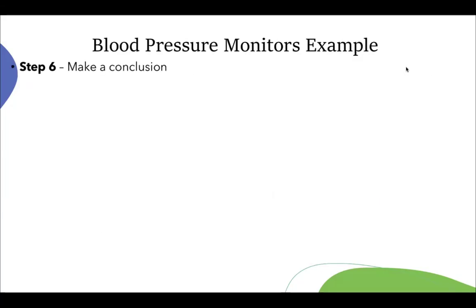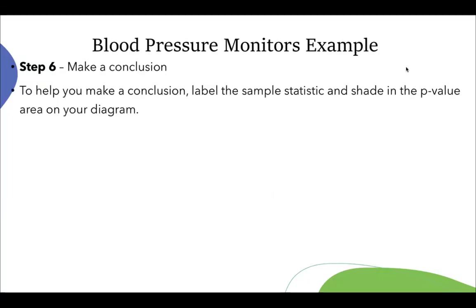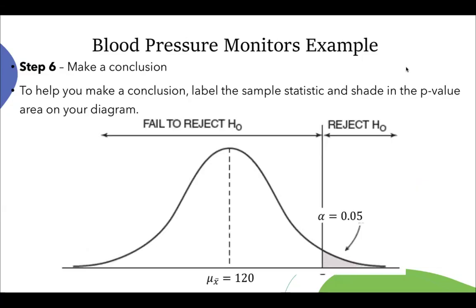Step 6, your conclusion. To make a conclusion, it's very helpful to go back to the picture. We're going to go back to our diagram where we had alpha labeled at 5%, and identify the p-value on this same diagram. The p-value was 0.0385.